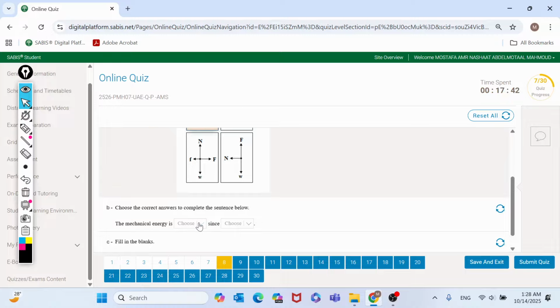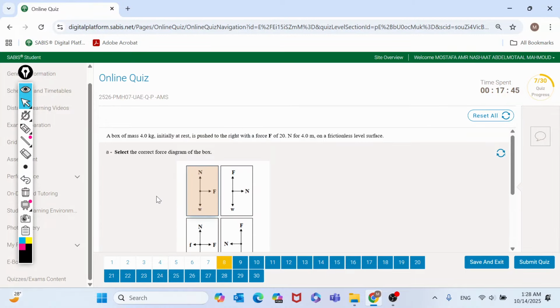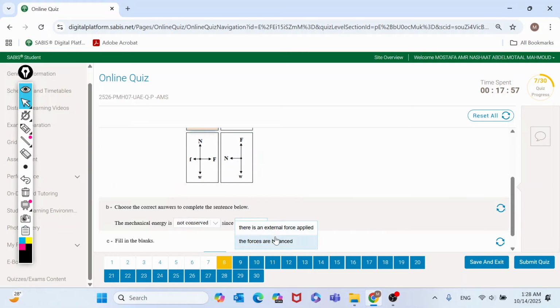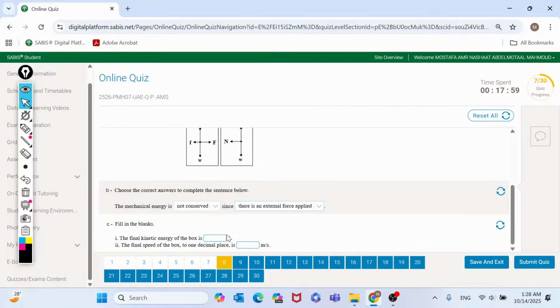Mechanical energy is conserved if it's a closed system. Here, it's being pushed, so an external force is acting on the system. So it's not a closed system, and mechanical energy is not conserved.